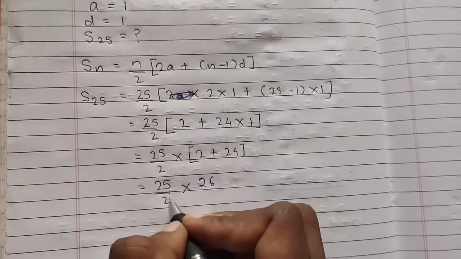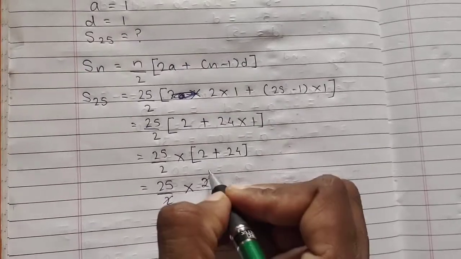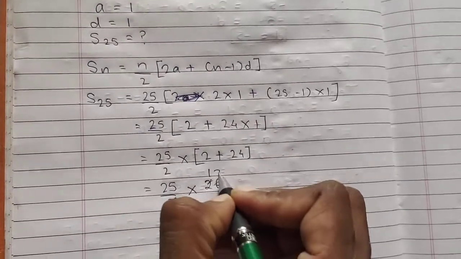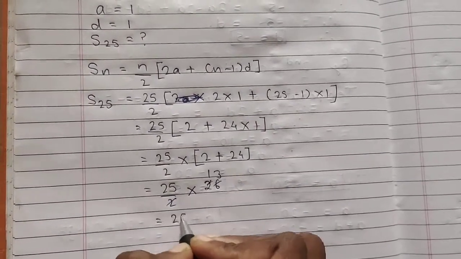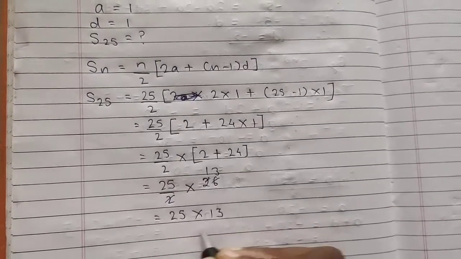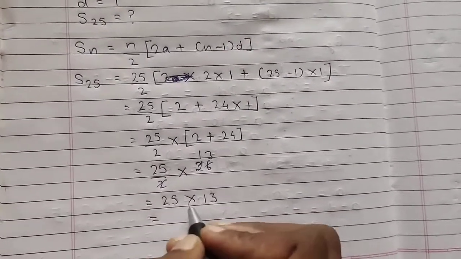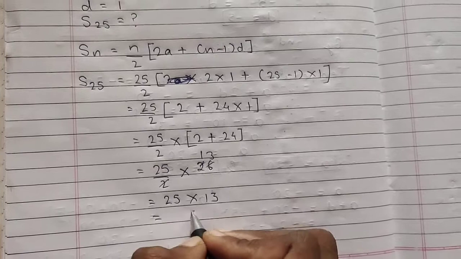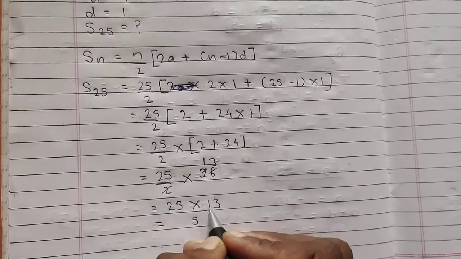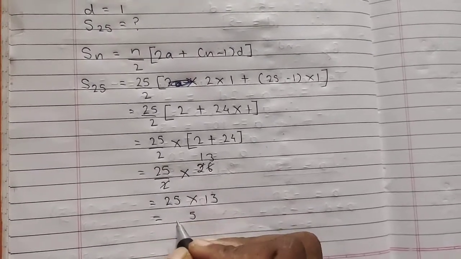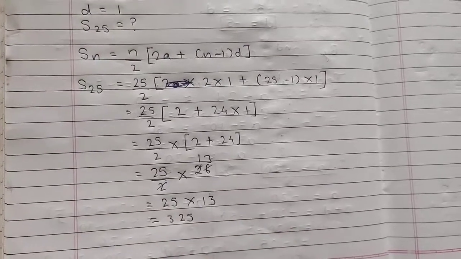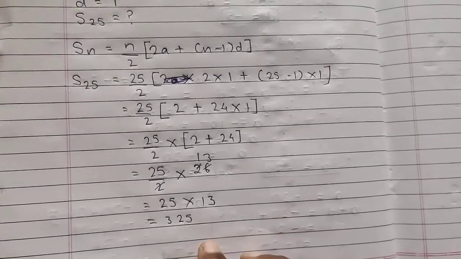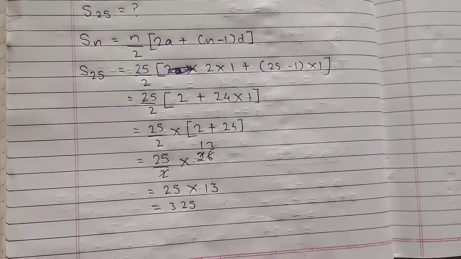Now let us cancel the 2 with 26. So 2 ones are 2, 2 thirteens are 26. So you are going to get 25 into 13. Okay. Now let us multiply. 13 fives are 65, 6 carry. 13 twos are 26 plus 6 gives you 32. So you are going to get 325 if you multiply this.